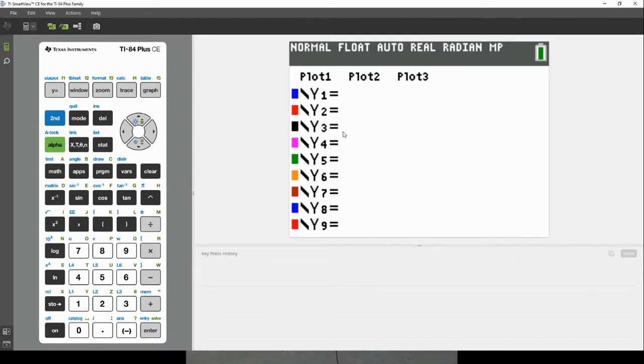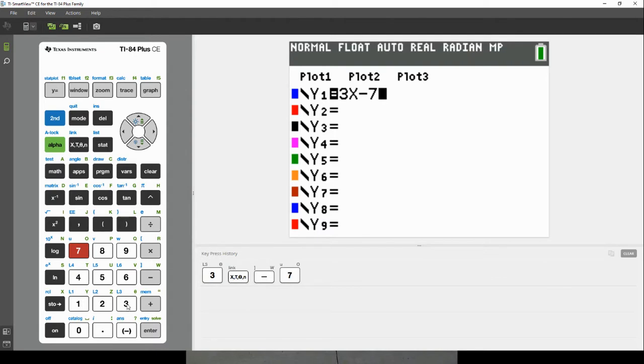The equation we're putting in is 3x minus 7. These are the buttons you're going to use on your graphing calculator. You put in the number 3, then use this button that has X, T, and so on. That's going to represent the x. And then minus 7. So that's how you would put it in on your calculator.